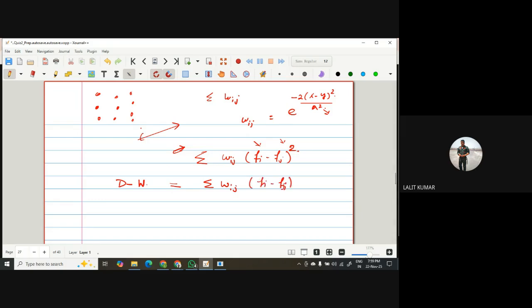To find the solution of this, you just take the eigenvector corresponding to the second smallest eigenvalue, which will correspond to the mapping of all these points into a linear space. And then we can carry out a KNN on this. So this is the basic crux of your week 5 and week 6.